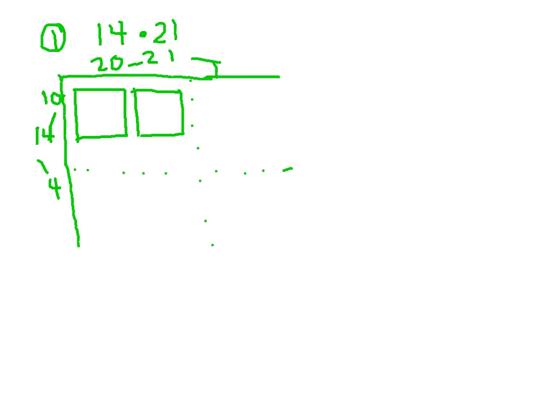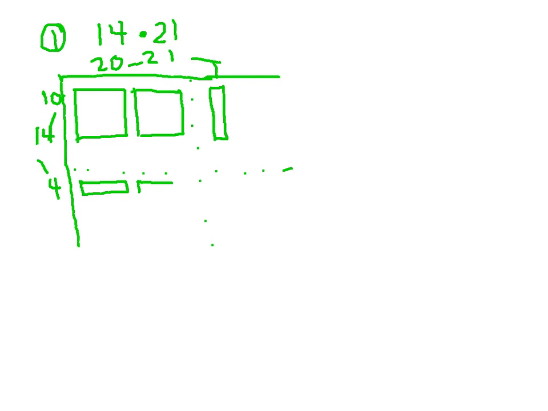I move to the next array. I need 10 rows of 1. And I know that a 10 rod has 10 units, so it's 10 rows of 1. Then I need 4 rows of 20. So I do a 10 rod here.